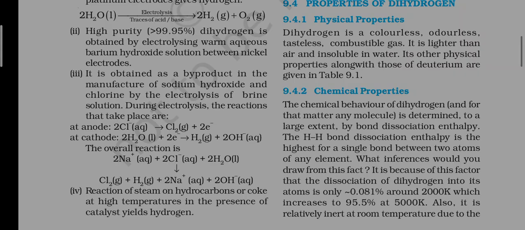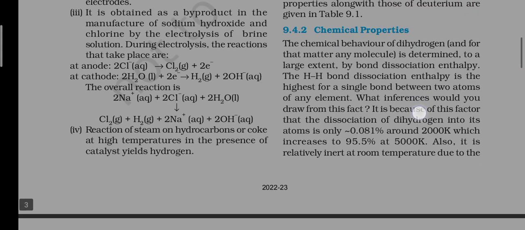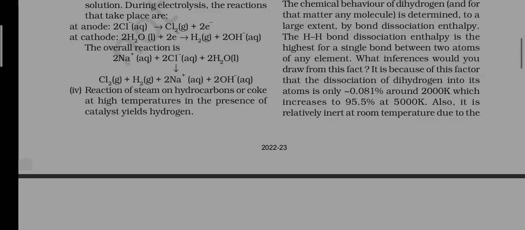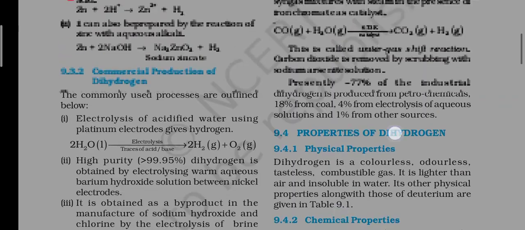During electrolysis, the reaction which takes place at anode is 2Cl⁻ gives Cl2 plus 2 electrons, and at cathode 2H2O plus 2 electrons gives H2 plus 2OH⁻. Reaction of steam on hydrocarbon or coke at high temperature in the presence of catalyst yields hydrogen.